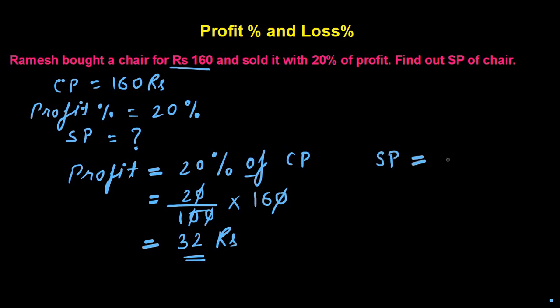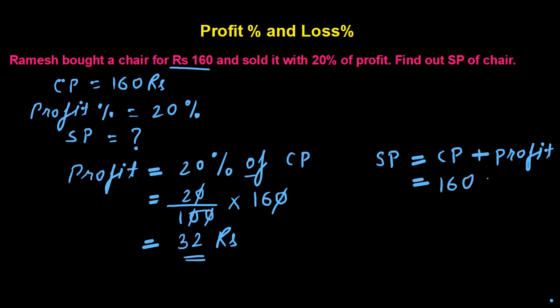So the formula is whatever was the CP, whatever costed him, plus how much profit he wanted, right? But the thing is, the profit here is the actual number and not profit percentage. We just got profit is 32 rupees and CP was 160.